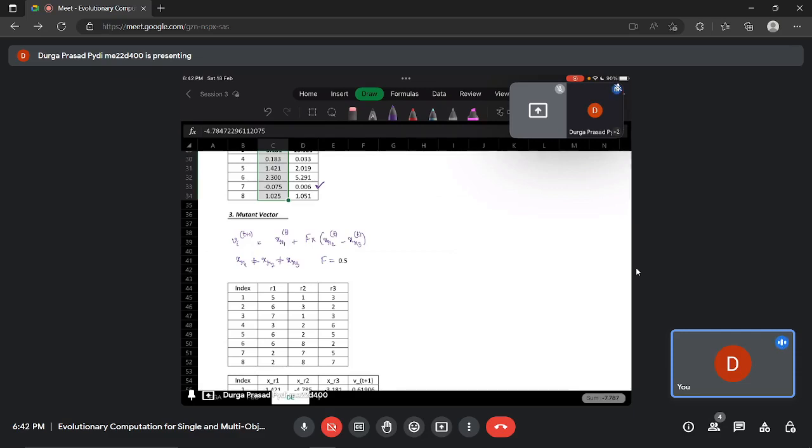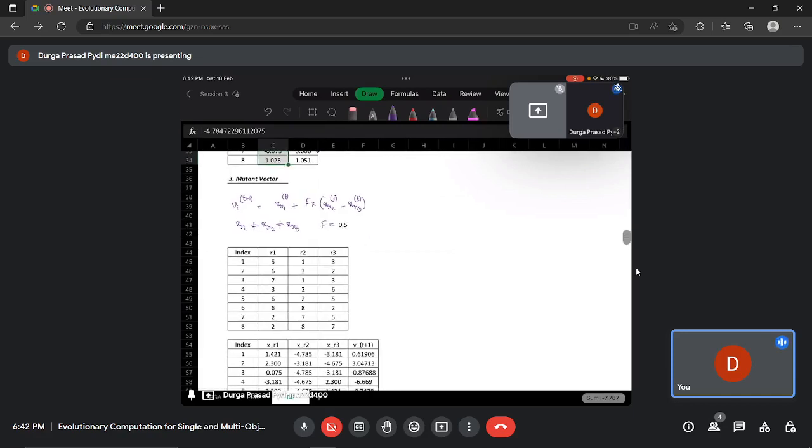Here we have something called a mutant vector and a trial vector. The mutant vector is similar to the crossover operation we discussed previously. So in your population, say you have some individuals, we randomly pick 3 individuals.